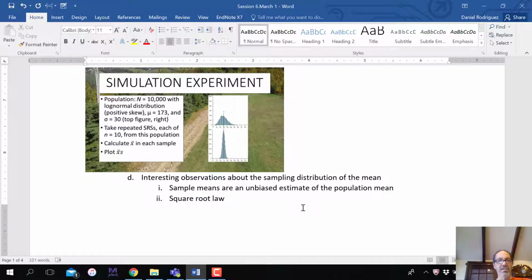So for instance, if all of the values in the sample were above the population mean, we'd have a positive bias. If all the sample means were below the population mean, we'd have a negative bias. But when we collect means from the population, they can be either above or below the population mean, so we consider them being unbiased. So they're unbiased estimates of the population mean.